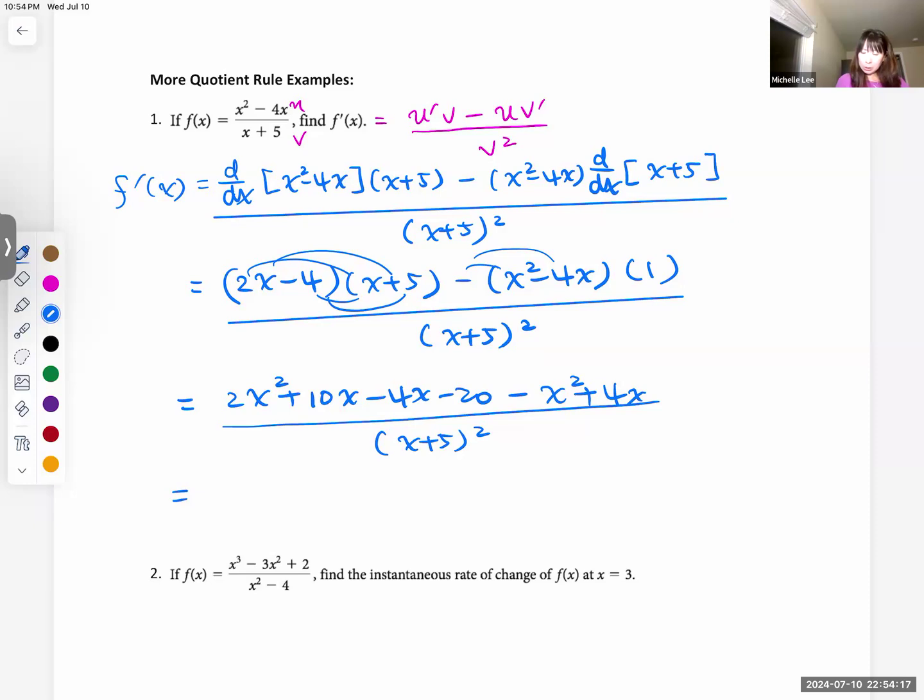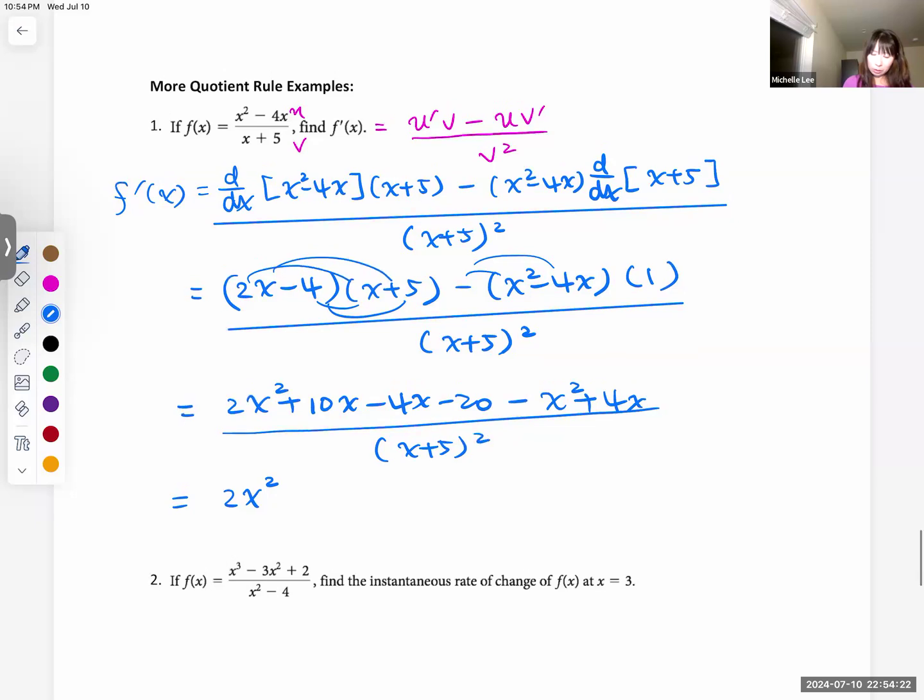Okay, combine like terms. Oh, hold on, I did not see that. 2x squared minus x squared, and 10 minus 4 is 6, and then 4, 10, and minus 20, over x plus 5 squared.